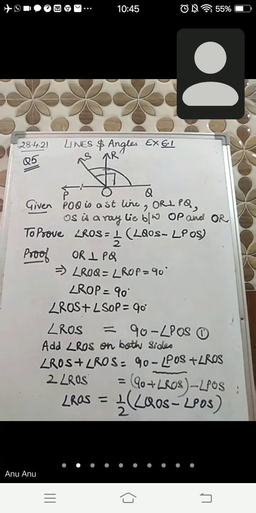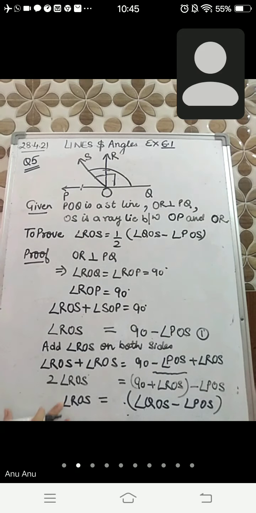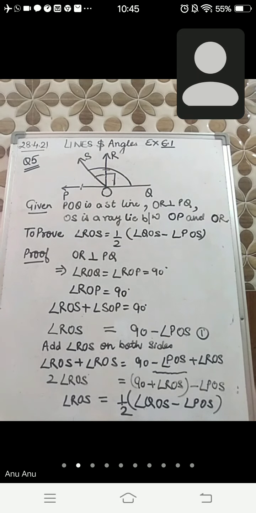If you want to write one more step, you can shift 2 in the next step also. You can keep the 2 here, in the next step, or otherwise you can do it like this also. Is it okay? Any doubt, beta? Anything you want to ask? Is this clear?